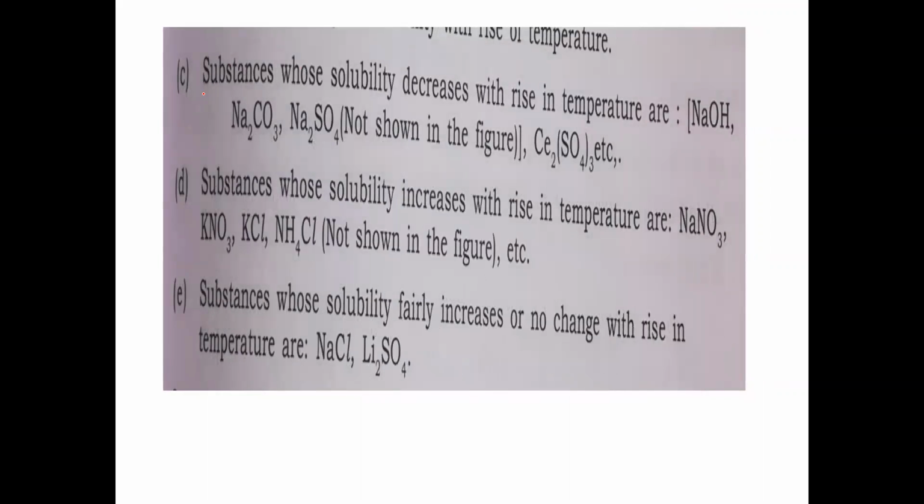Next, the substances whose solubility decreases with rise in temperature are NaOH, Na2CO3, Na2SO4, and cerium sulfate. In all these cases, the solubility is decreasing with a rise, meaning an increase, in temperature.